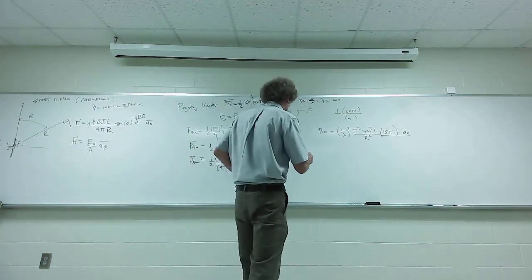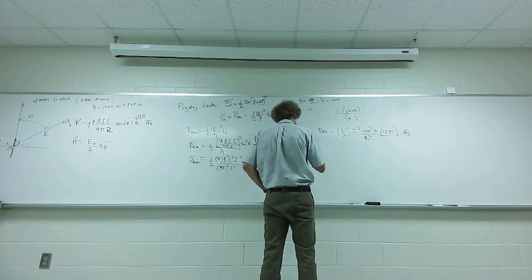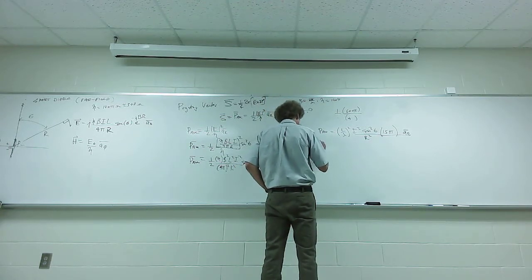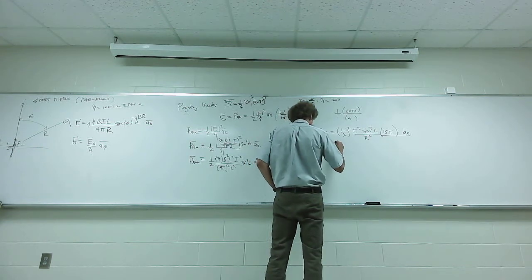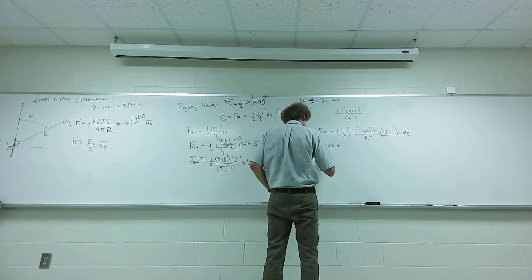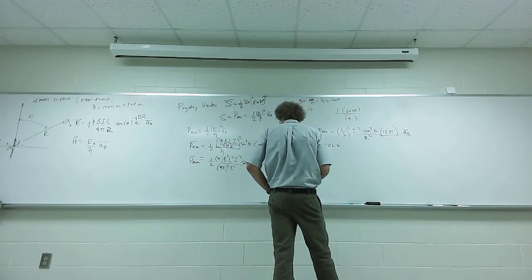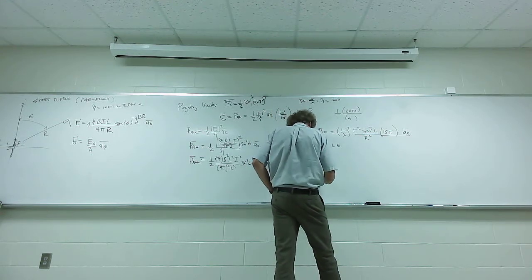So for the short dipole, write this down. And this again is for L less than lambda over 10. We can view that thing as really a resistor with a radiation resistance.